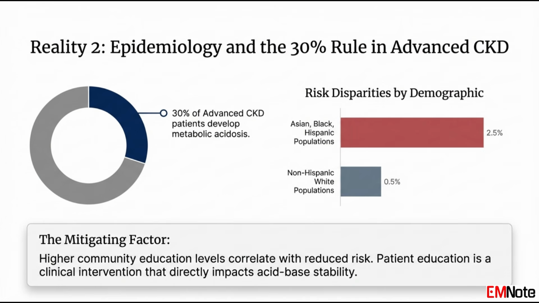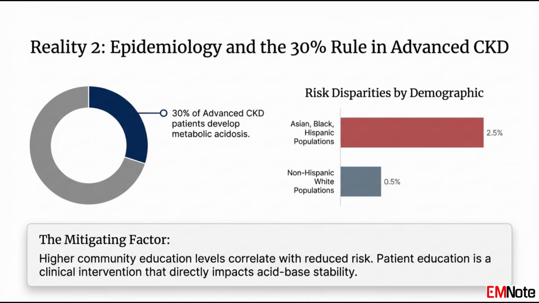Exactly. Is this risk distributed equally across all populations? No, not at all. There are actually some very significant demographic disparities. What does the data show on that? We see a significantly higher incidence among Asian, Black, and Hispanic populations compared to non-Hispanic white patients. That's a pretty stark intersection of pathology and demographics. Are there social determinants that are playing a role here?